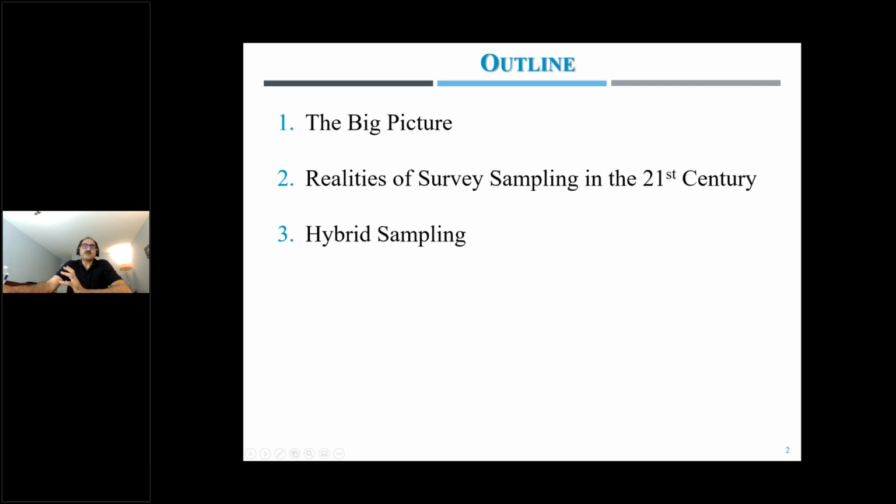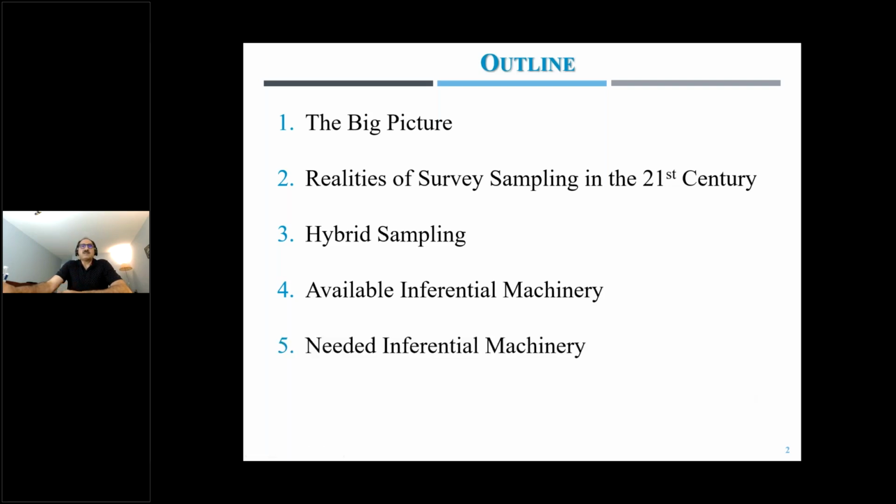Then we get to the meat of this presentation, which is hybrid sampling, what it is, at least the way I define this topic. We'll talk about the inferential machinery that is available to us, and then talk about what's needed to make this whole concept work. And then I will end with a few takeaways as part of the summary.